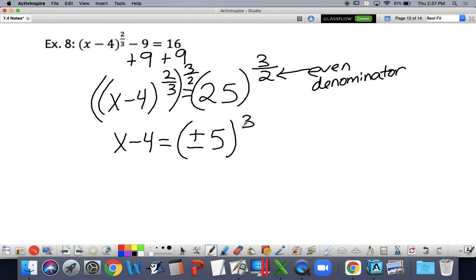When I took the square root of 25, I had to put in positive or negative. So I get x minus 4 equals positive or negative 125.